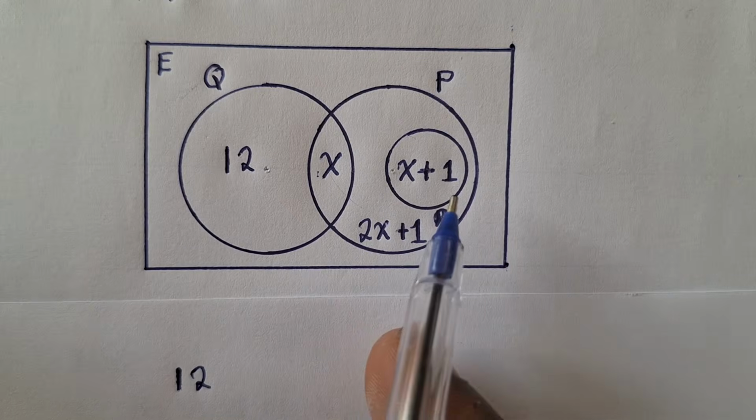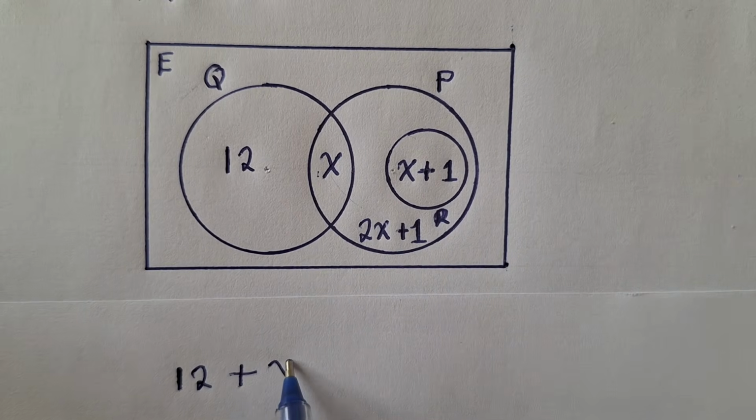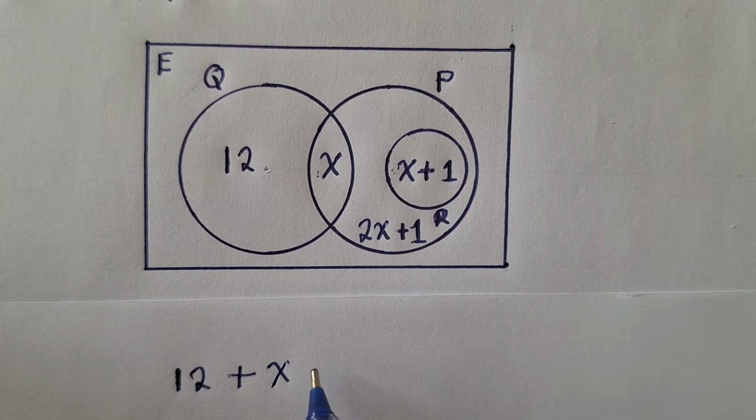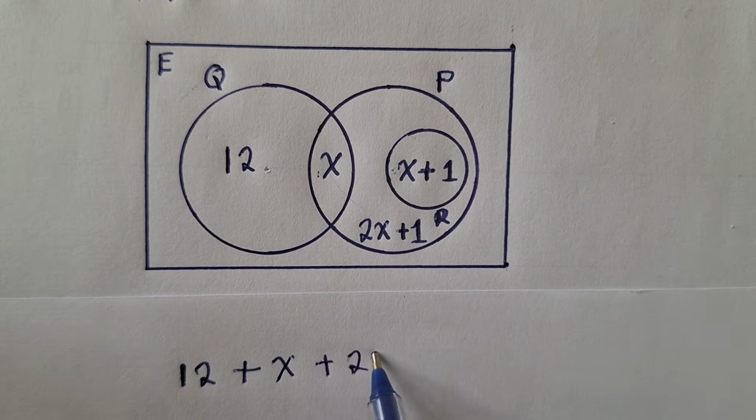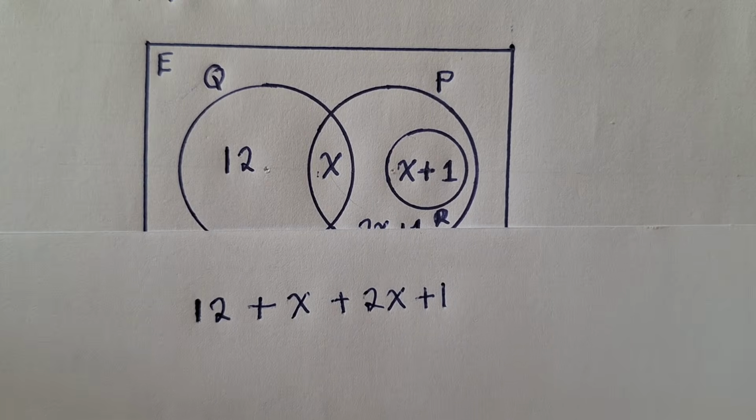This 12 is not in R because set R is this one. We shall say plus X is not in set R plus 2X plus 1. They are all not in set R.